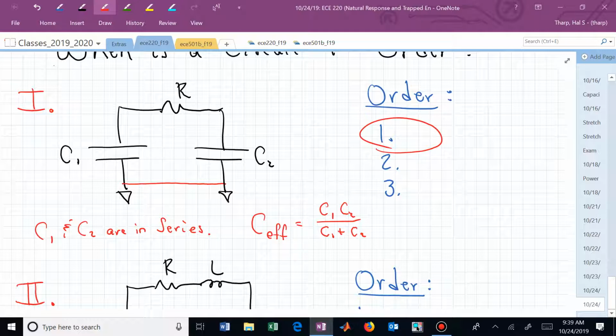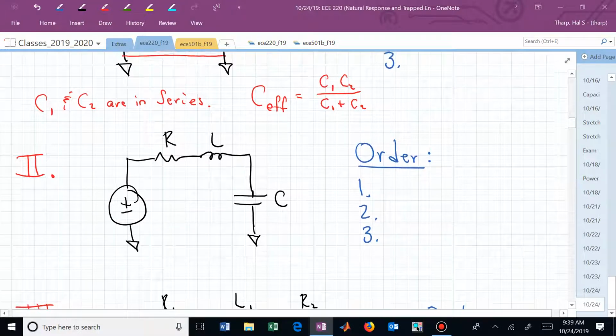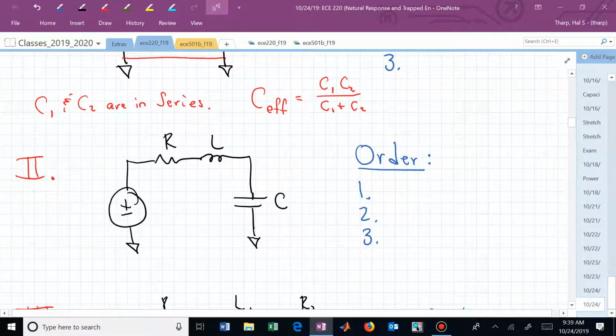All right, maybe we missed one. Let's see what happens with 2. Have a few swings at this since we're in the World Series. All right. What's the order of this circuit? 1, 2, or 3? We have 3 passive elements, R, L, and C. What's the order of this circuit? 1, 2, 3.